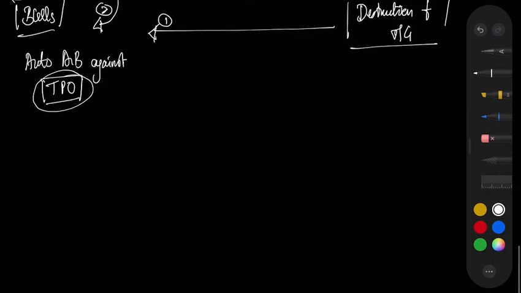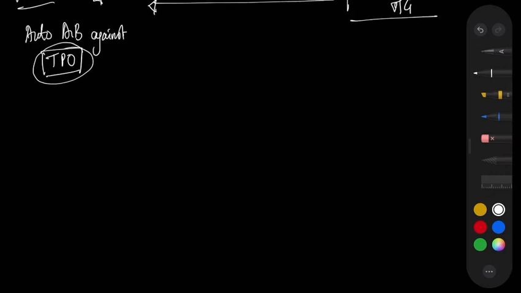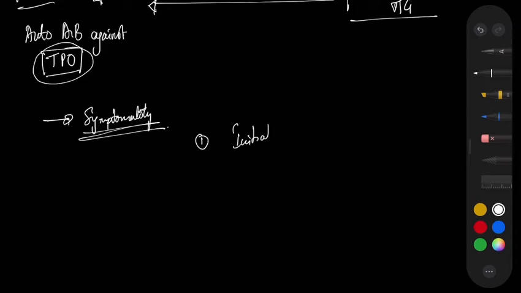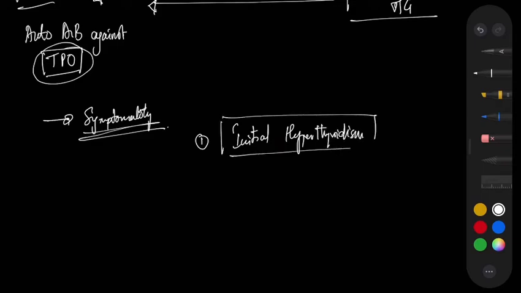Now coming to the symptomatology of an individual suffering from your Hashimoto's. Now this is an interesting concept. I would like you to pay attention. So what happens is there is initial hyperthyroidism. This is known as Hashimoto's thyrotoxicosis.